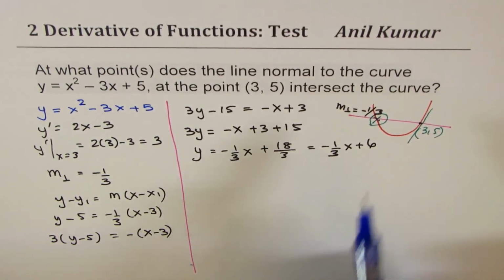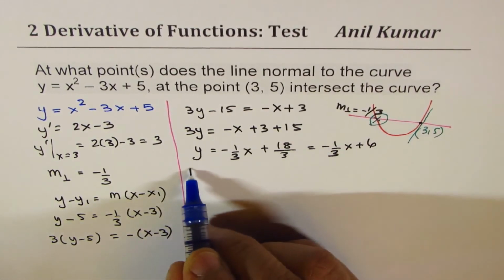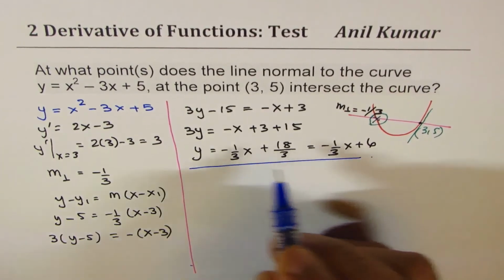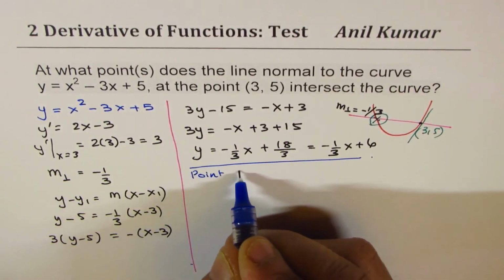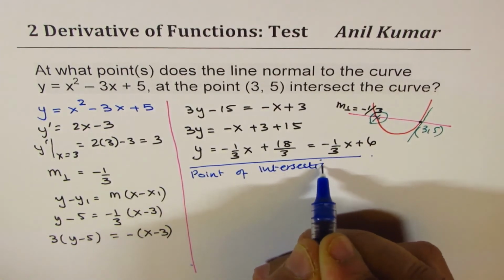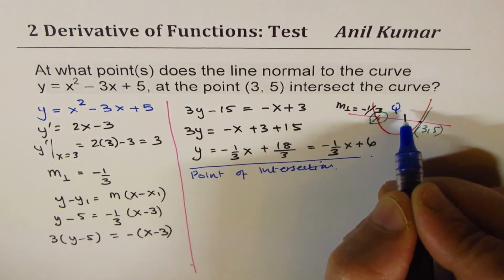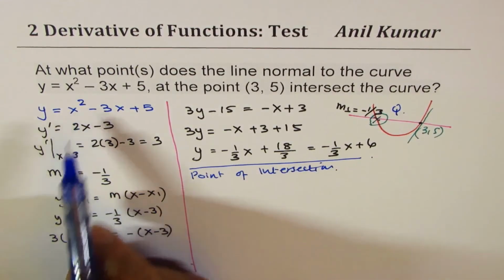Now we have the equation of the line, which is the normal at this point. What we need to do now is find the point of intersection. We'll call this point Q, with the line and the parabola.